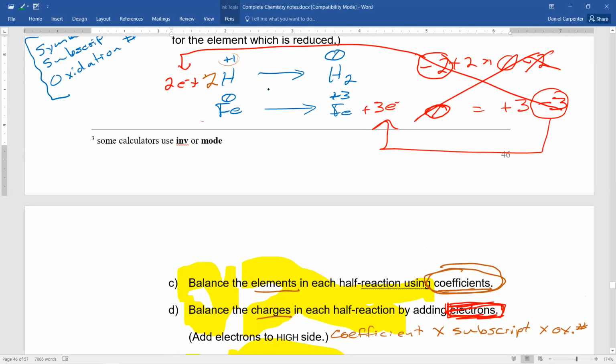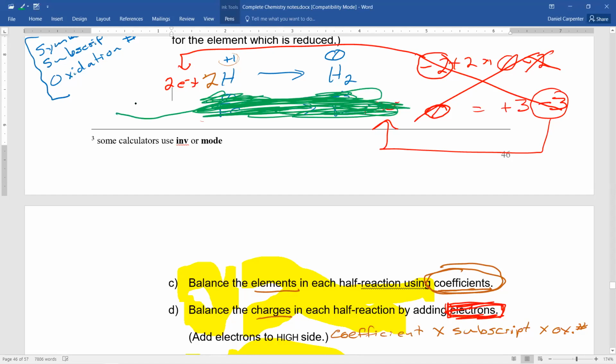So one at a time, we're going to multiply through. Now, don't you do this, because it's not as easy for you to fix this as it is for me. So we're going to do one reaction at a time.